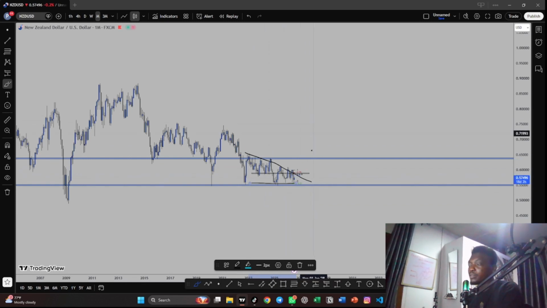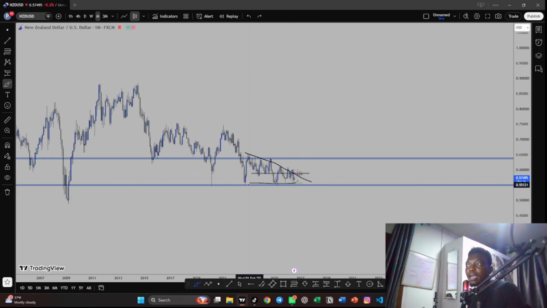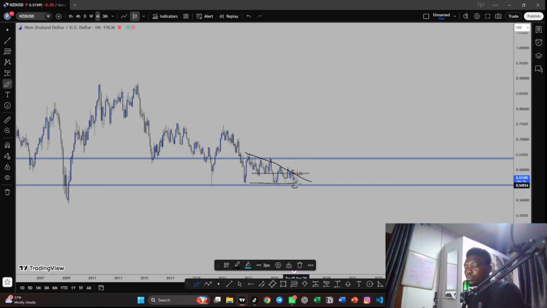Sometimes it might break to the upside, but it is actually a bearish continuation pattern. If price is able to break below, then we expect further decline of price. So here we are still trying to approach this level. There is still a little bit of room to the downside, and since the trend also is a downtrend, we should be looking to sell on this particular pair.